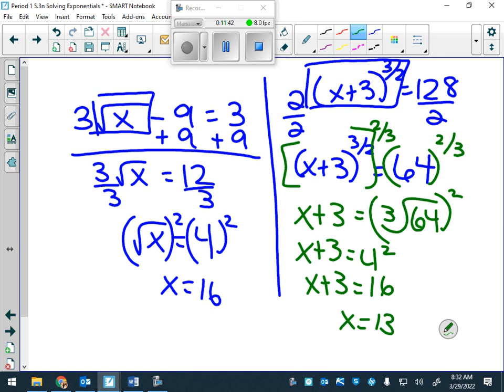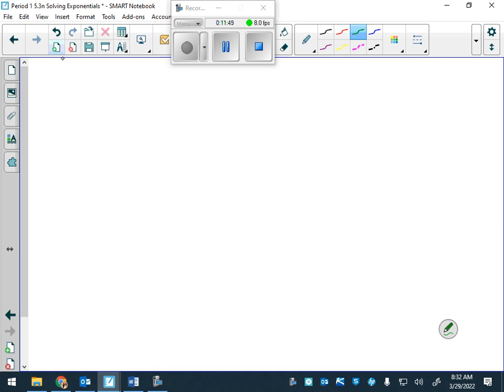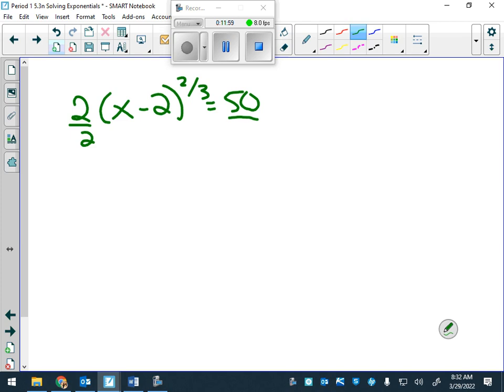Then if you look at the next page, this is the same thing. You want to isolate your parentheses. Divide by 2, x minus 2 to the 2/3 equals 25.